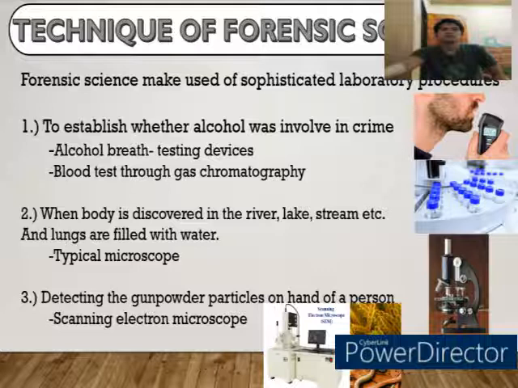First is to establish whether alcohol was involved in the crime. In detecting if alcohol is involved in a crime, there are two ways to measure the amount of alcohol in the blood. First, they use alcohol breath testing devices.